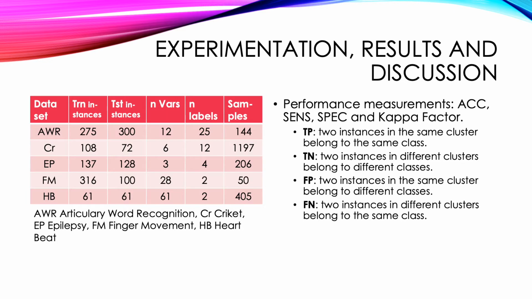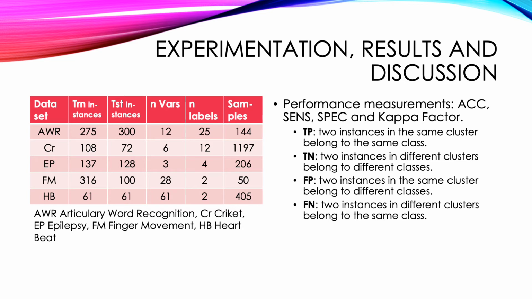For experimentation, we use five datasets. We can see the main characteristics in this table. These are the articulatory word recognition, the cricket, the epilepsy, the finger movement, and the heartbeat. And you can see that there is a variety in the number of variables, the number of levels, the number of samples that each of the time series includes, and also a different number of training instances and testing instances.